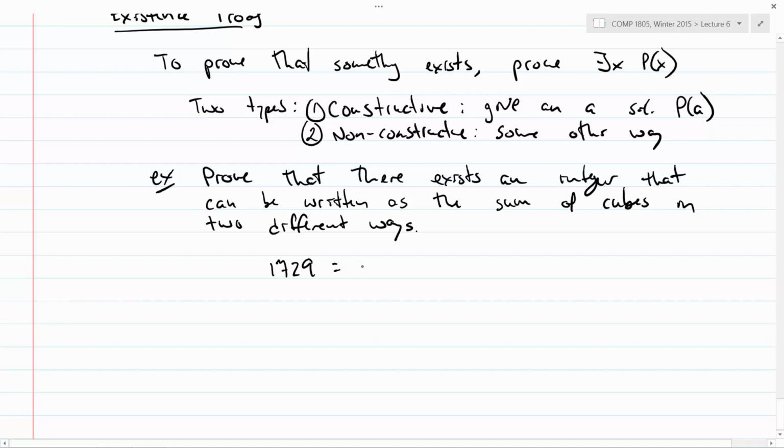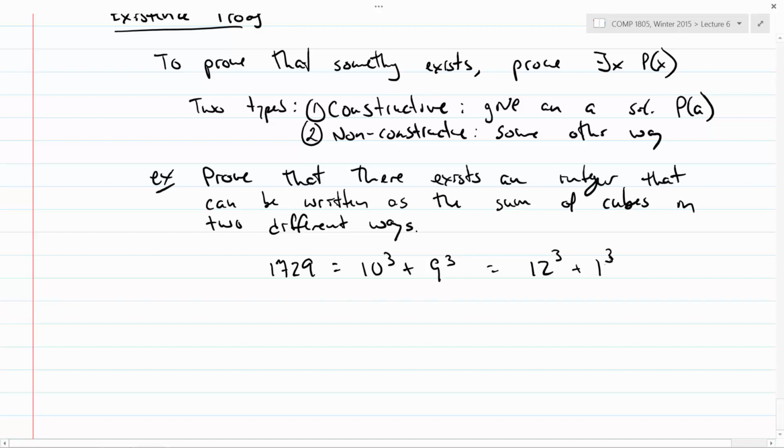It's equal to 10 cubed plus 9 cubed, and it's also equal to 12 cubed plus 1 cubed. So that's a proof, right? I gave you the thing you were looking for, and I showed you that it satisfies those two things. It's not enough just to say 1,729.